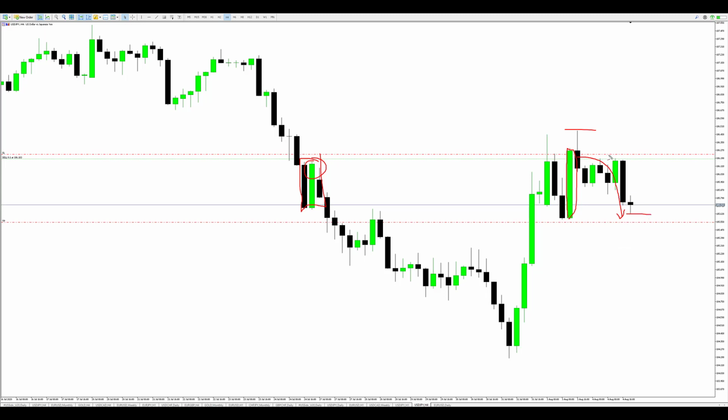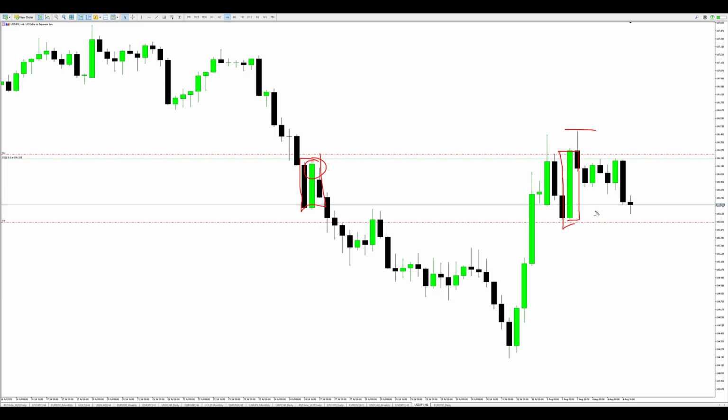Already we have dropped to the downside and market has been rebalanced. So once you see this strong move to the upside, a liquidity void, expect market to close that void going to the downside. So that would have been your target.